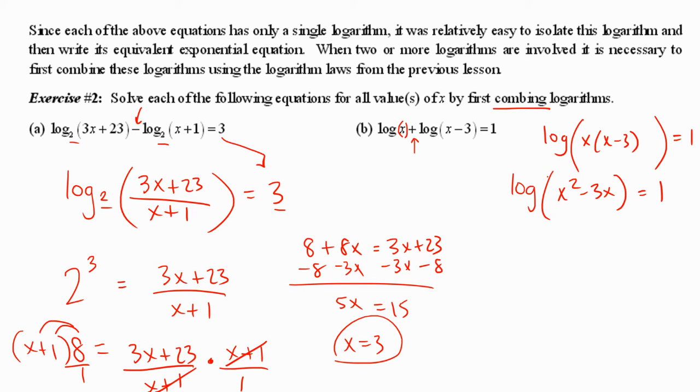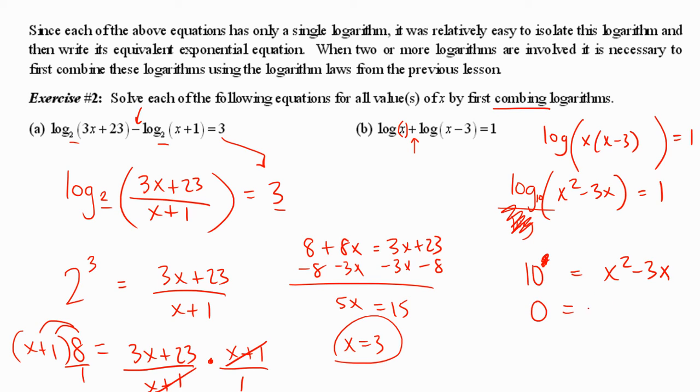And now this is always a problem for students. To rewrite this in exponential form, we can't just divide by log. That's not a thing. Log has to have an input. So this is log base 10 if there's no number there. So we have to take that base, raise it to the other side, and out pops a quadratic equation. 10 to the first power is just 10.